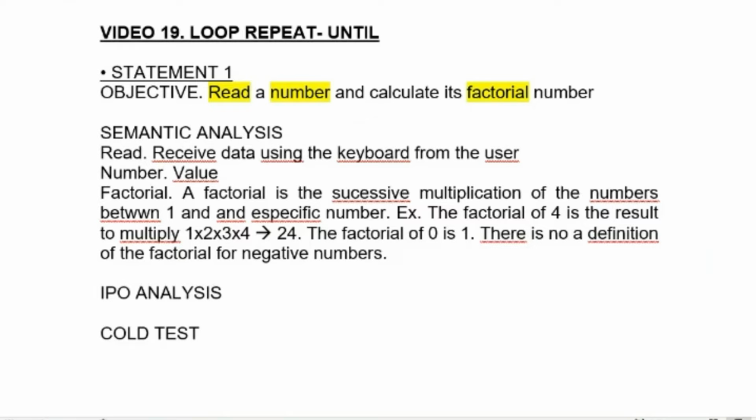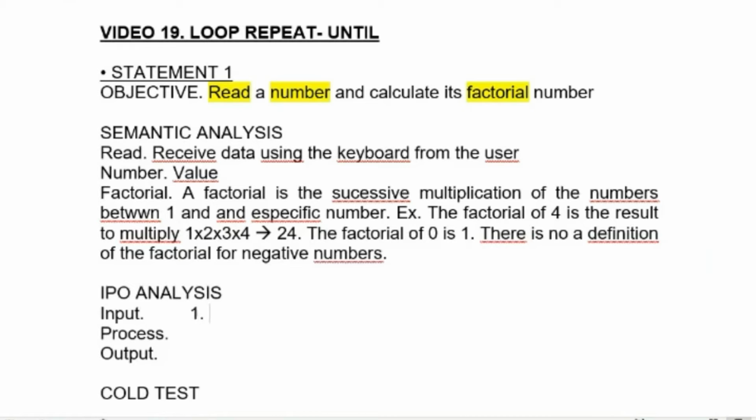Okay? You understand the semantic analysis, you really understand the objective. Let's see the IPO analysis: input, process, output.